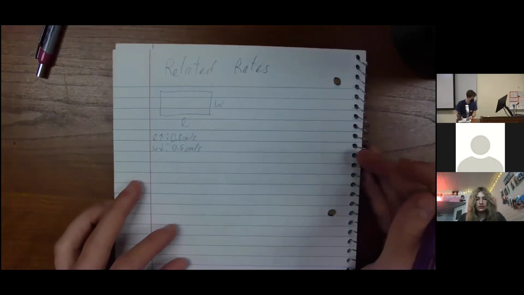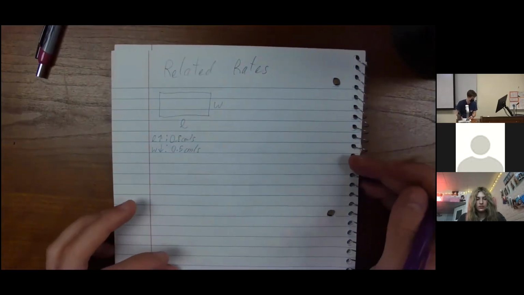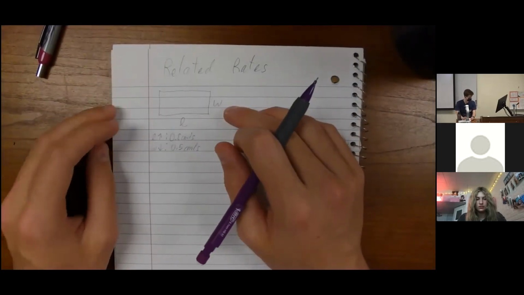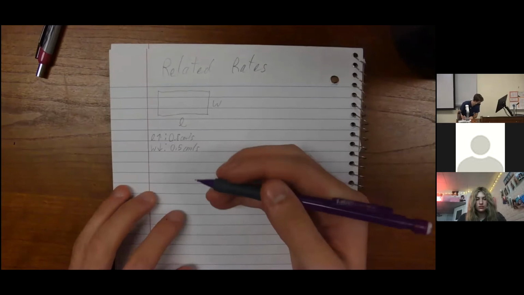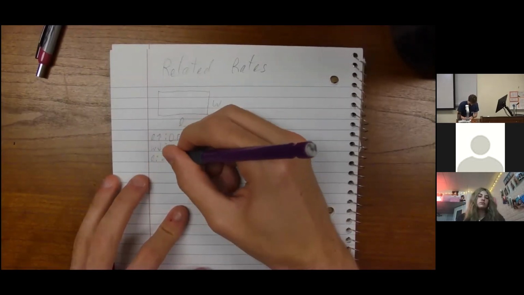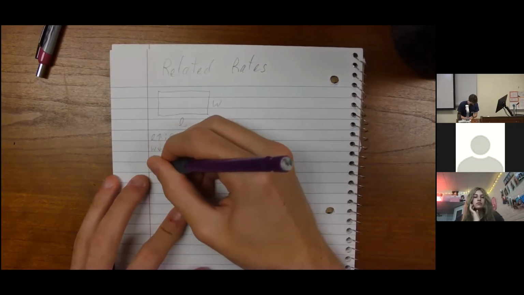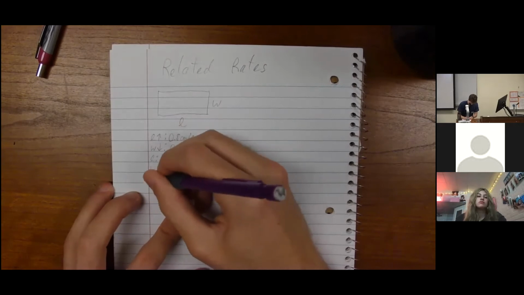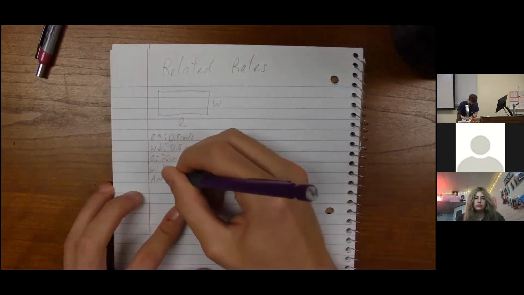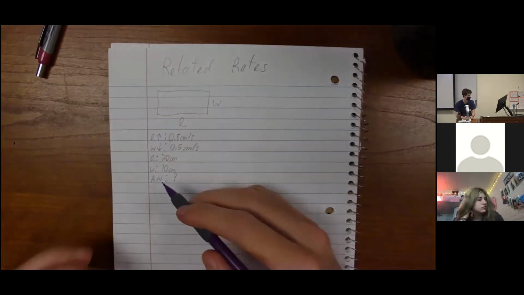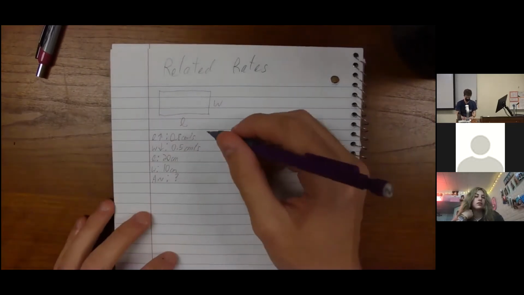So what I want to know is how fast the area of this rectangle is changing when the length is 20 centimeters and the width is 10. So area change. This is my symbol for change right now. So these are our givens.